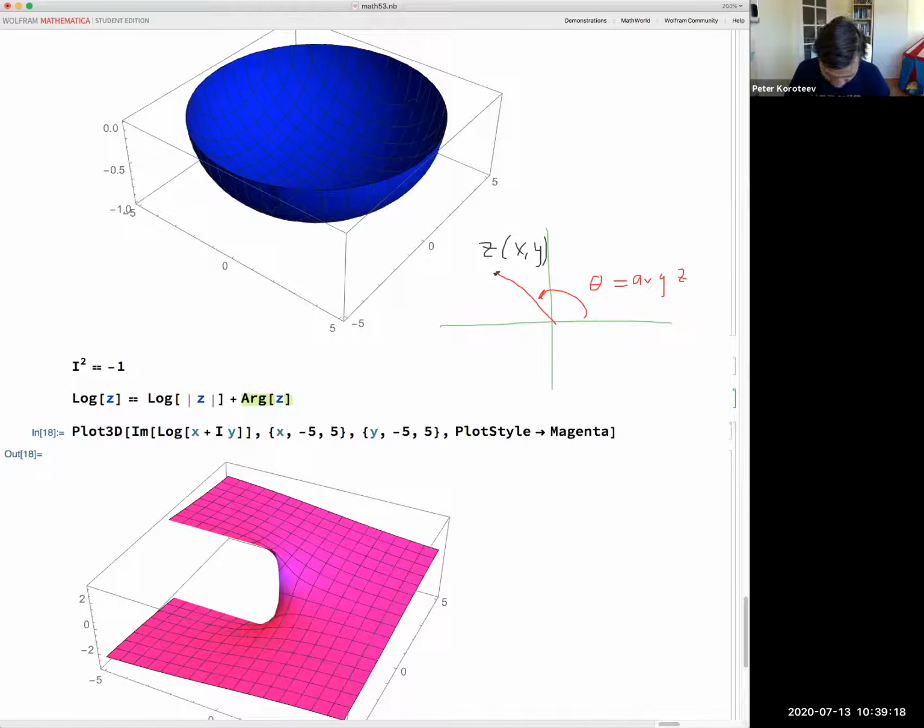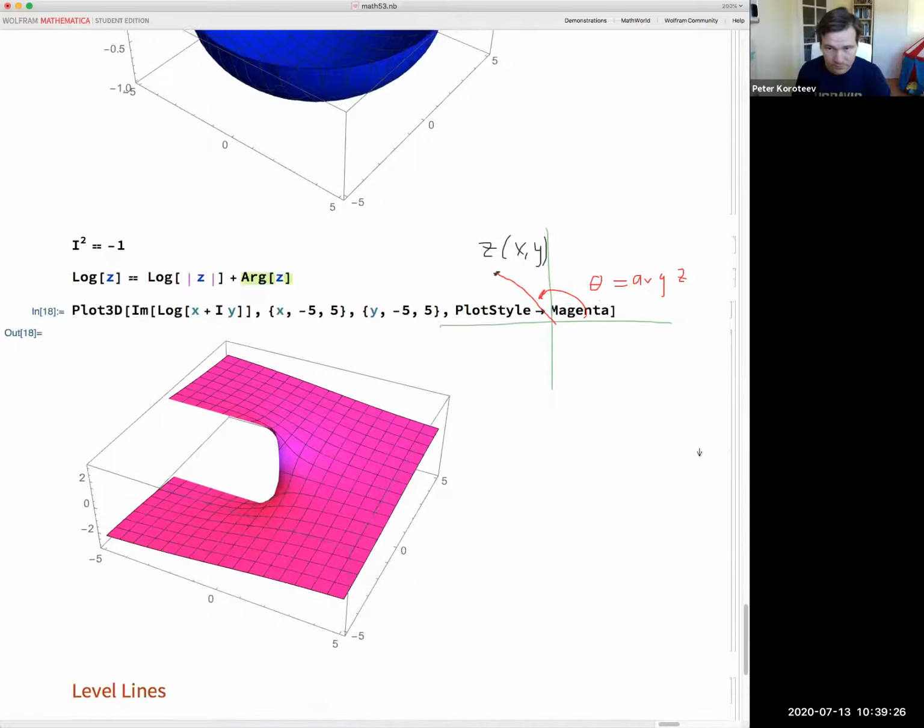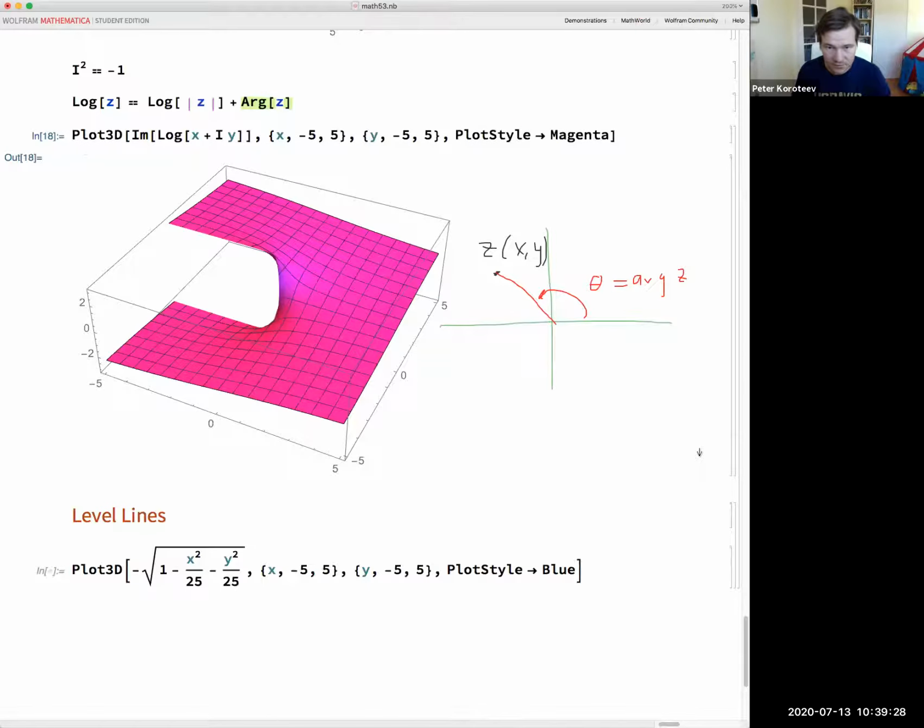Now, with the log, what happens is that as you go around the origin, if you start here and you go around and come back again, the function is not continuous anymore because the argument of z changes by 2 pi.